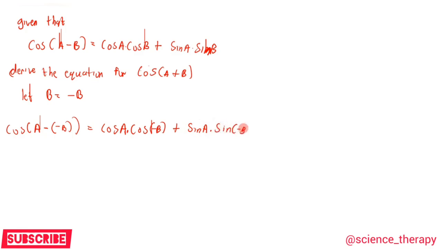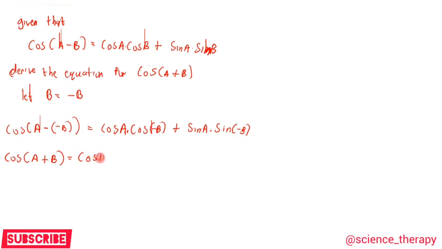Now, continuing with this, what we're going to have is cos A, then since we have negative and negative, now it's plus B. So you can see that now I have this expression here, right? Now let's continue with the question.